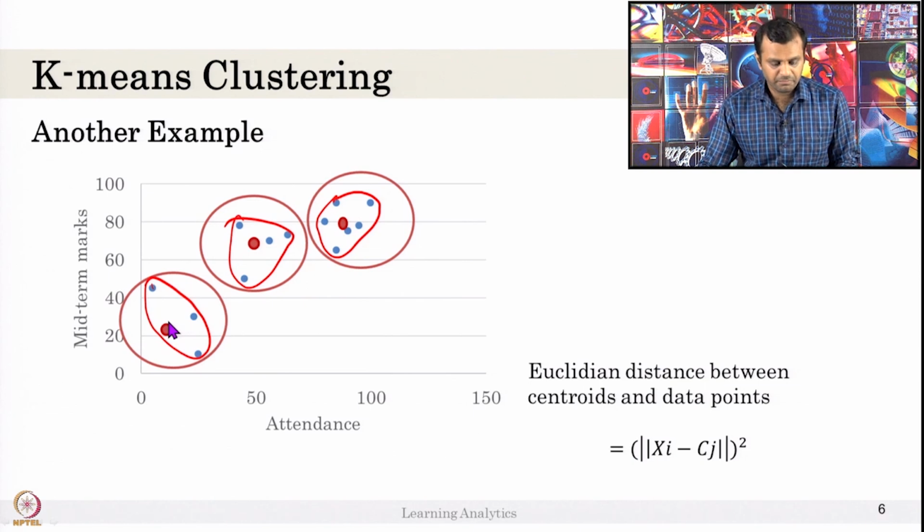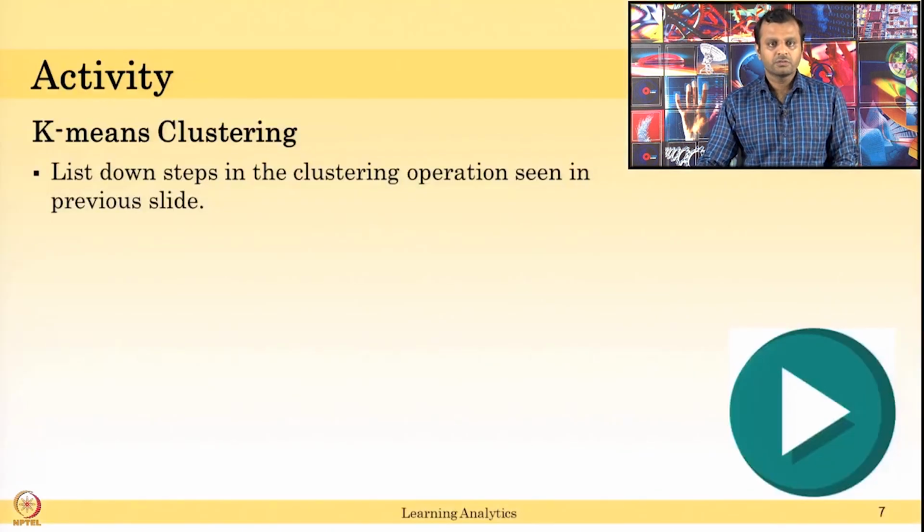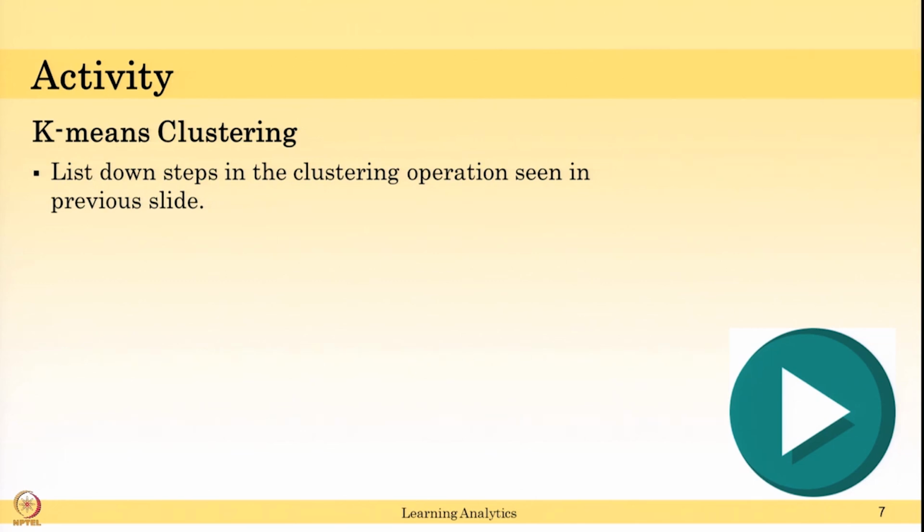Now, I hope you know what K-means clustering is. It is actually trying to find the means of the data points from the 3 centroids, or the number of K centroids we give. Why don't you go ahead and list down the steps we saw in the clustering operation in the previous slides. List down the steps, like what is the first step, in your own words, it does not matter what you write.